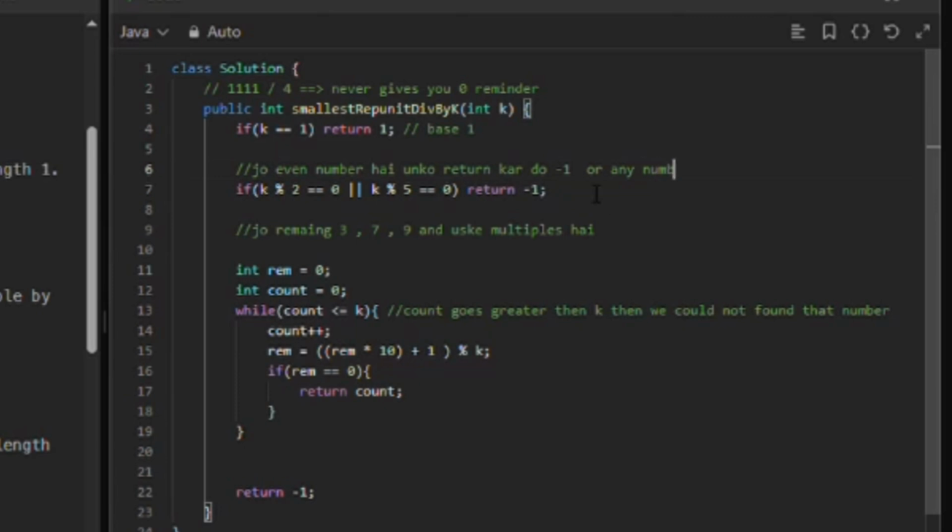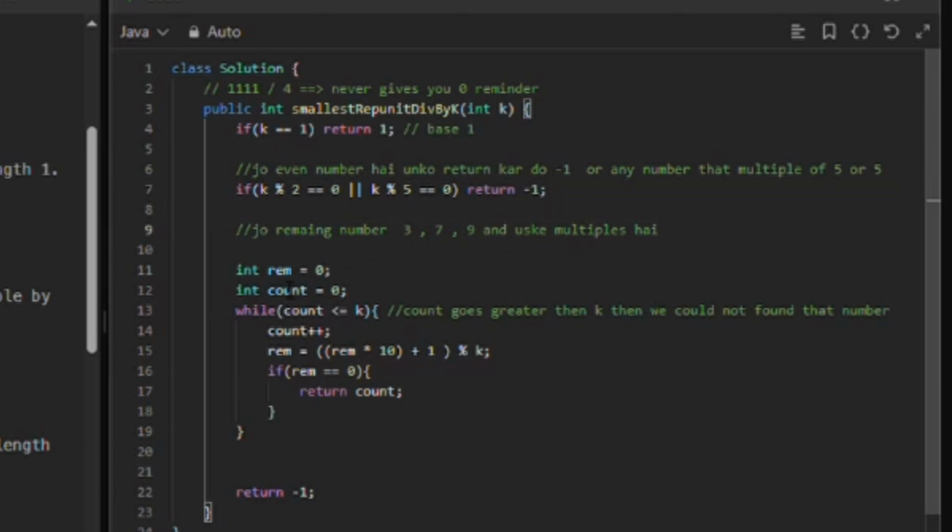Any number that is a multiple of 5, we cannot find any such number. In this case we also return -1. Now the remaining numbers are 3, 7, 9, and their multiples. These are the remaining numbers.